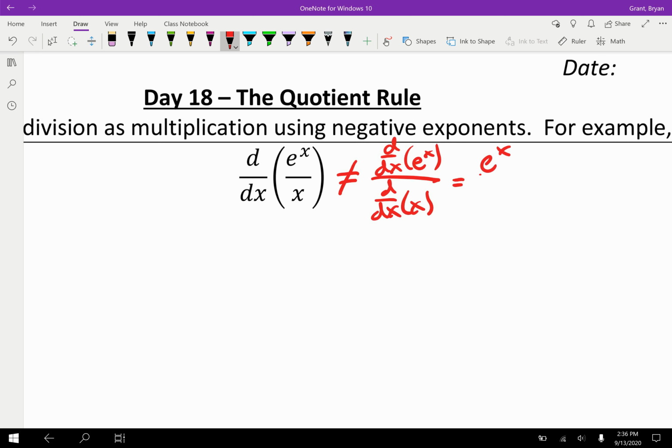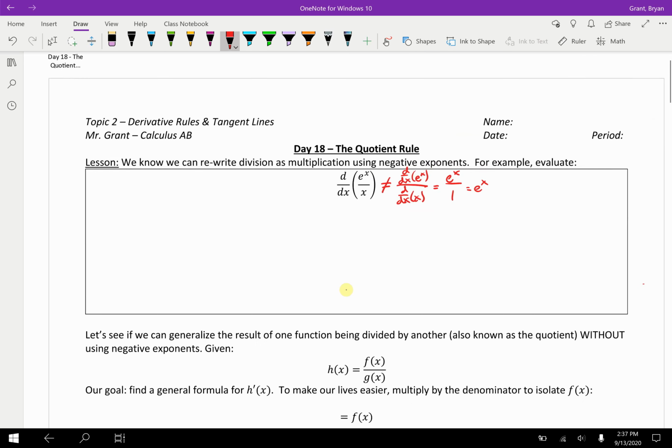So this would stay itself, e to the x, easiest derivative we know. This would become 1, and the answer is e to the x. That is not it. We are not allowed, when we have division or multiplication of two functions of x, to take the derivative of each individual part. We can only do that with addition and subtraction. So that's a big no-no.